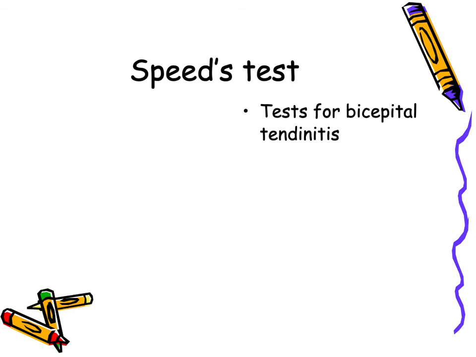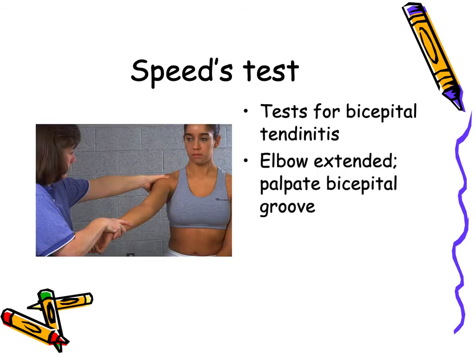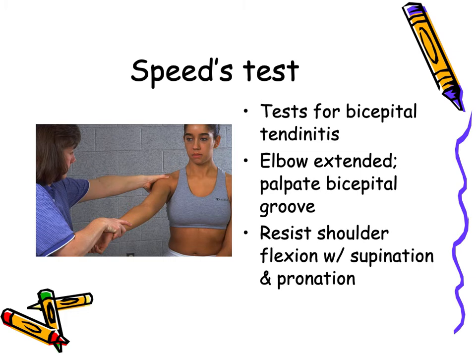Speed's test is for biceps tendonitis, or bicipital tendonitis. We have the elbow extended. We palpate the bicipital groove, where in the picture you can see the athletic trainer's thumb is at. We ask them to do shoulder flexion with supination and pronation. That's the turning. We haven't done elbow yet, but that's in the elbow, the pronation and supination.